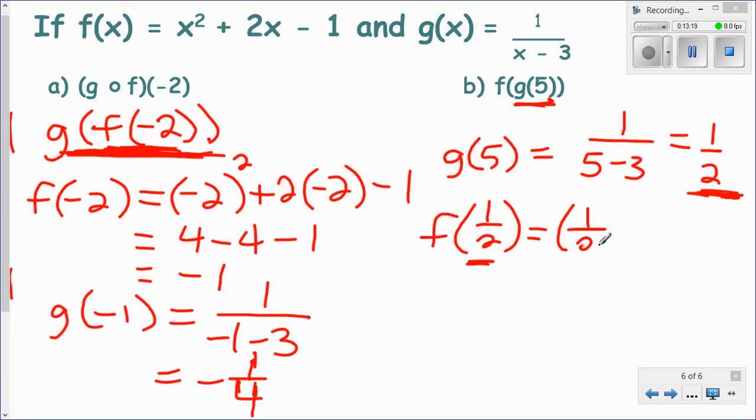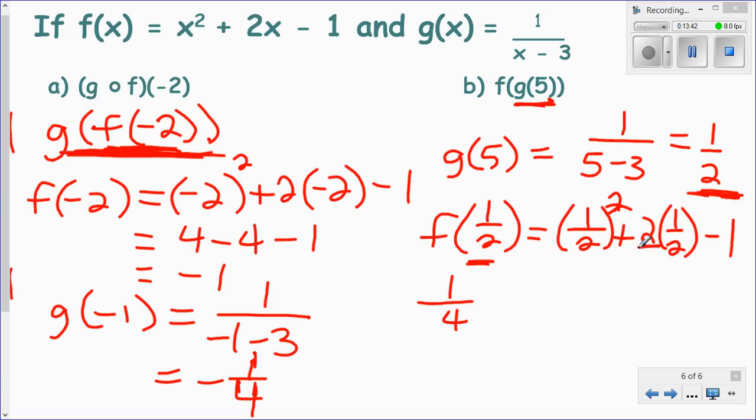Okay, so we're going to have 1/2 squared plus 2 times 1/2 minus 1. Okay, so let's work this out. 1/2 squared, whenever you're squaring a fraction, you square the numerator and the denominator. And then here, we're multiplying 2 times 1/2.